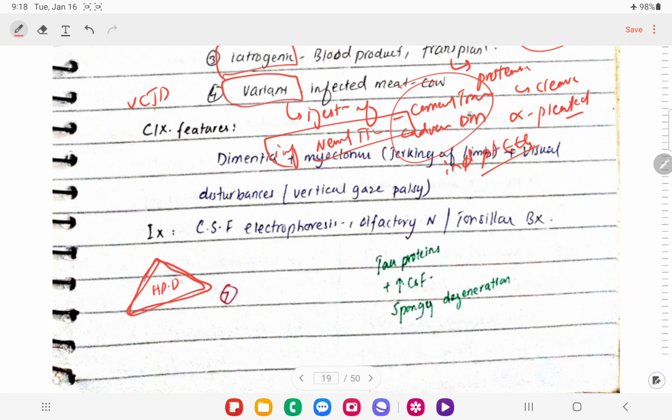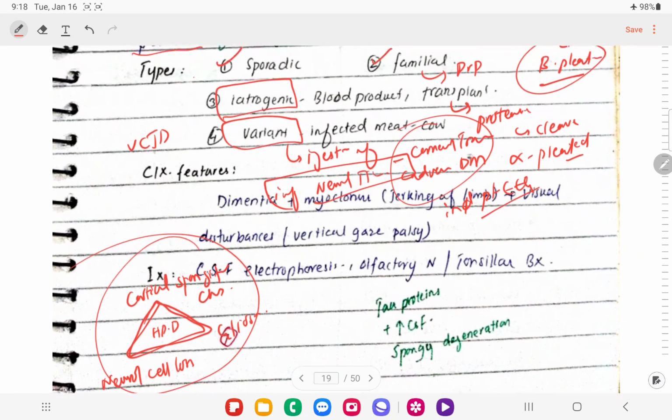This is actually the histopathological triad. The first thing is that there will be neuronal cell loss, right? And there will be gliosis, and there will be cortical spongiform change. So this is the triad for human prion disease.